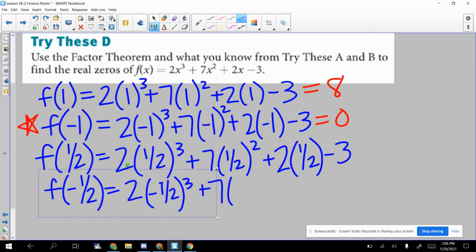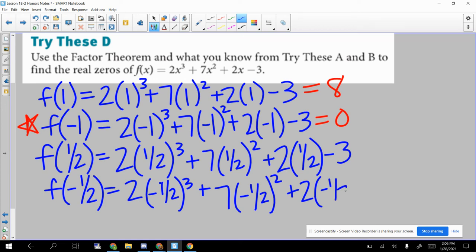And obviously, I just keep plugging into the same polynomial. Okay, when we do these, we would get 0 here and a -5/2 here. So again, whenever you get a 0 out, you know that that is a solution.